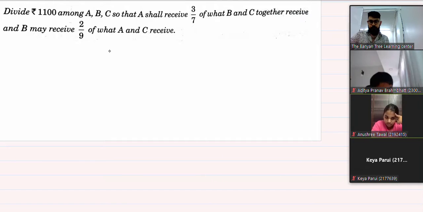Okay, देखो total money which is to be distributed among A, B and C is 1100 और बोला है कि A shall receive 3 by 7 of what B and C together receives, and B may receive 2 by 9 of what A and C together receives.